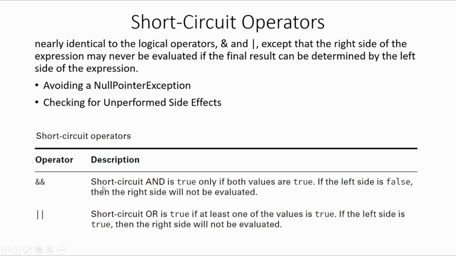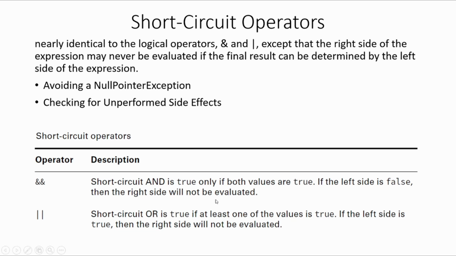It means that if the short circuit AND, if both values are true, if the left side, which is evaluated first, is false, then it never goes to the right hand side. Okay, so the examiner will check your concept of this. There is a question in the exam where the right side of the expression increments a variable, so keep this in mind. Short circuit OR is true if at least one variable is true. If the left side is true, then the right side will not be evaluated.